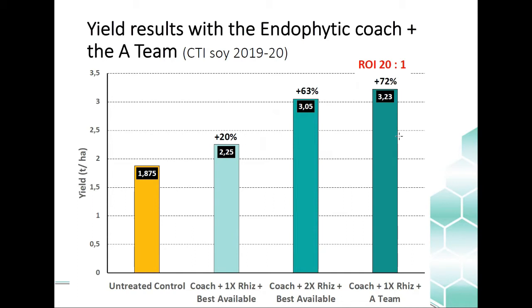Then, because it's virgin soil, we know it's a numbers game. So we gave the coach a double dose of rhizobia and also saw what's the best team it could put together. There you see the yield increase suddenly going up to 63%. And then in the final one, we gave the coach not only a single dose of rhizobia, but the team that consisted of all those functional groups, and saw what the yield increase is.